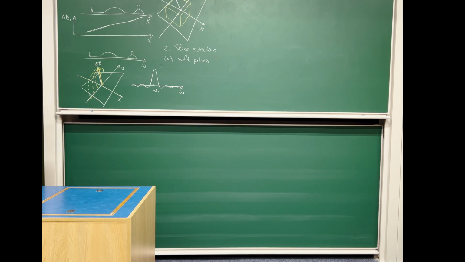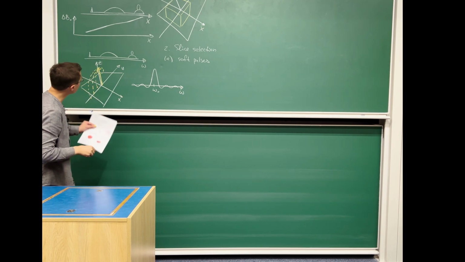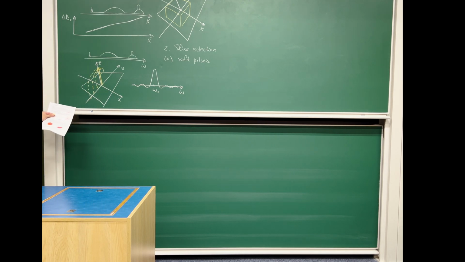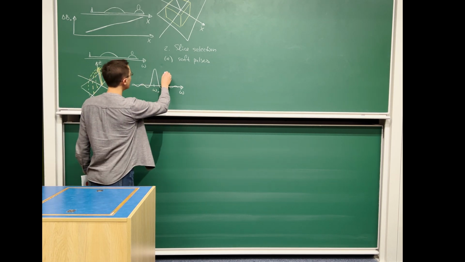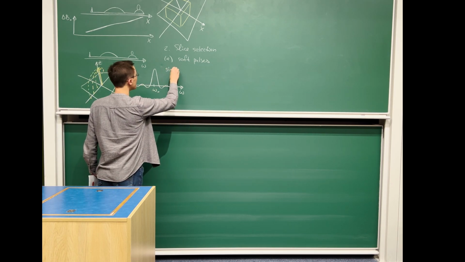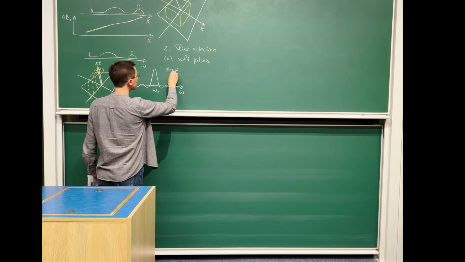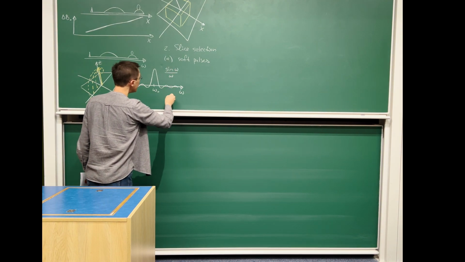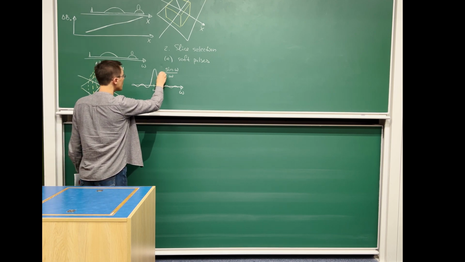If you work through the math here, and it's quite complicated because we do have to solve those differential equations of motion for the xyz component of the spin, the final answer for this is sine omega over omega, roughly speaking, so the sinc function.